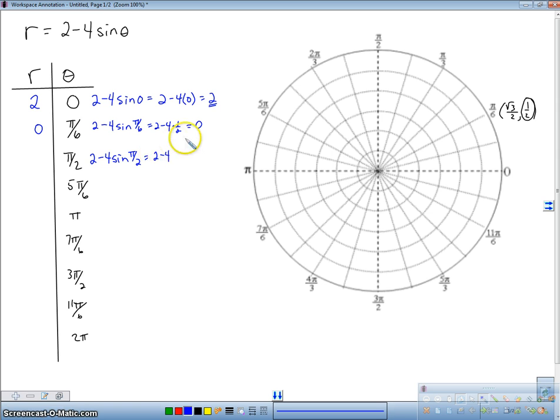Sine of pi over 2 is 1. So I get negative 2. Then 2 minus 4 times the sine of 5 pi over 6. Sine of 5 pi over 6 is 1/2. So I'm going to get 0.